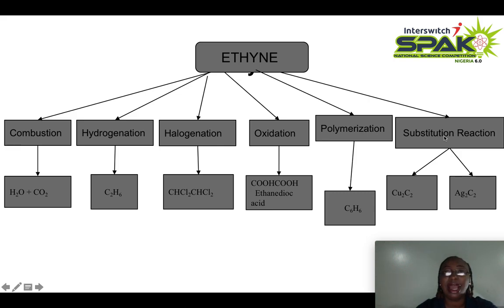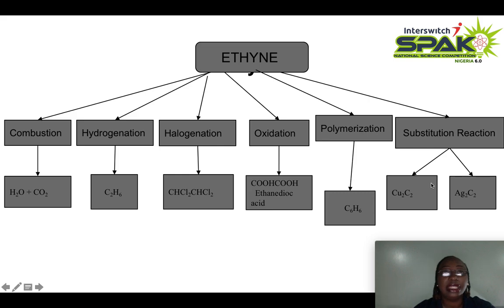Only terminal alkynes undergo substitution reactions with these compounds. Terminal alkynes are alkynes whose triple bonds are at the end of the compound. So if you have pentyne, the triple bond is at the terminal end, at the first carbon, and these are the compounds that can undergo substitution reactions.